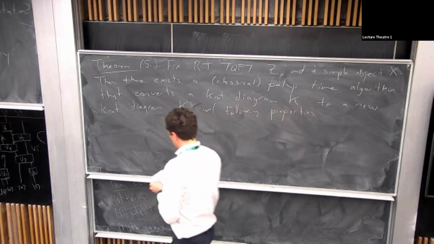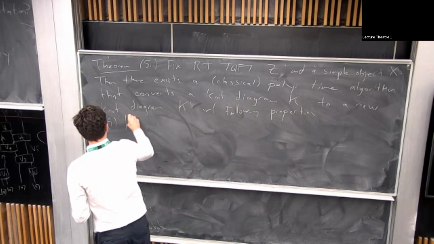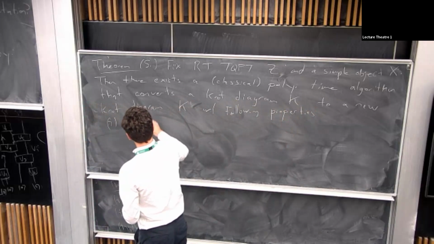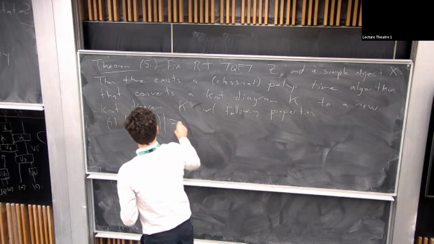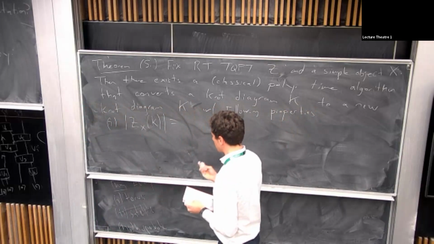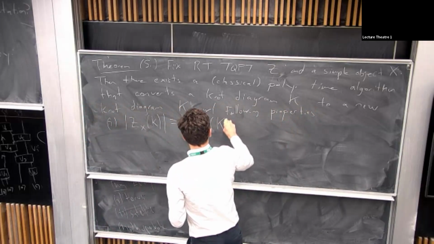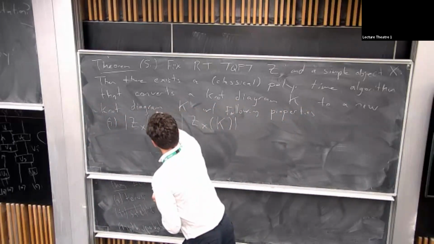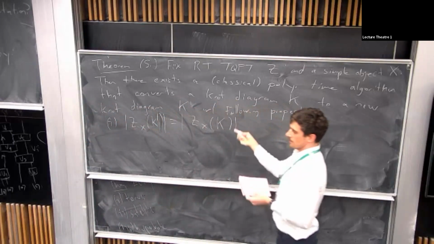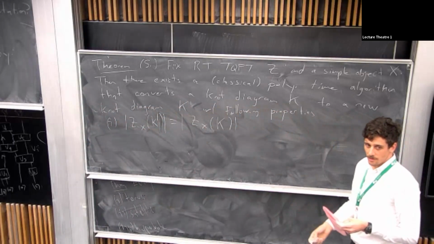So the first is that I can't guarantee that the values of the invariants are exactly the same because of Reidemeister 1 moves changing the framing, but I can guarantee that their magnitudes are the same. So the invariant of K prime, you just take the norm, is the same as the invariant of K.